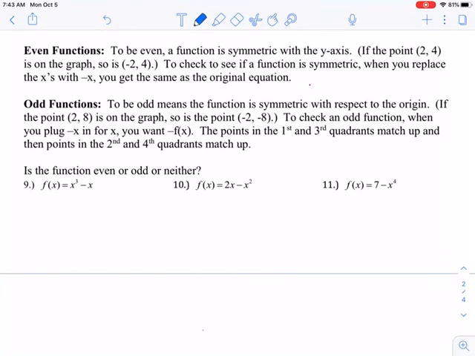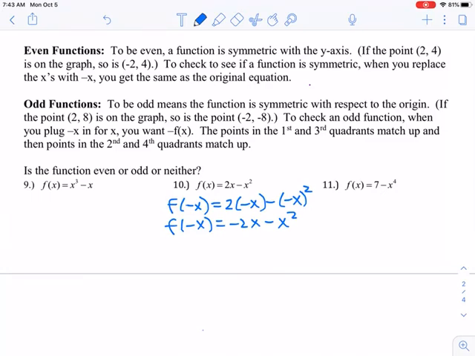So when I plug in a negative x, I get 2 times negative x minus negative x squared. And so f of negative x is going to be a negative 2x and then minus x squared. Notice that it is not the same as the original, so it's not even.